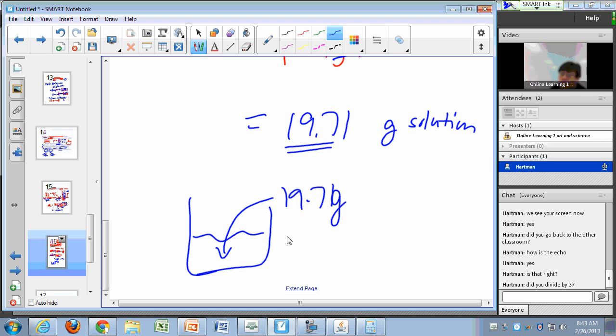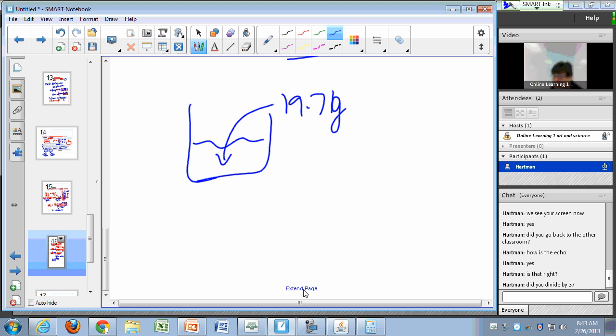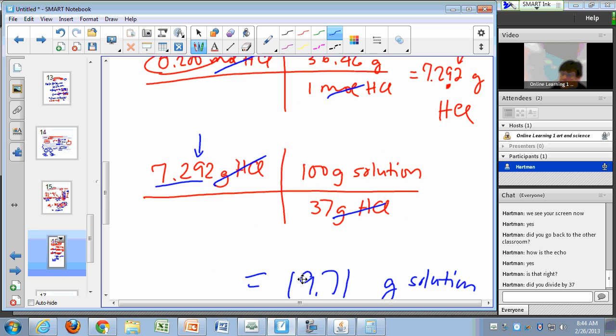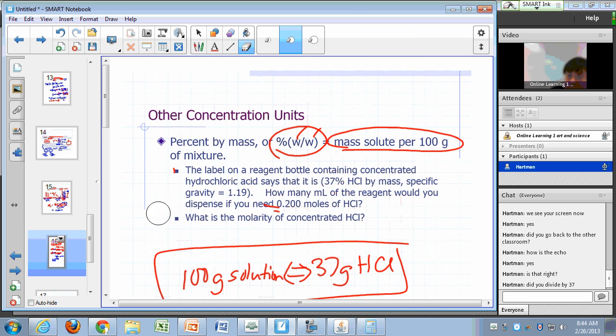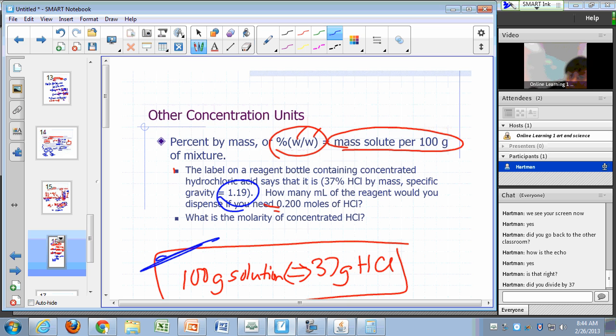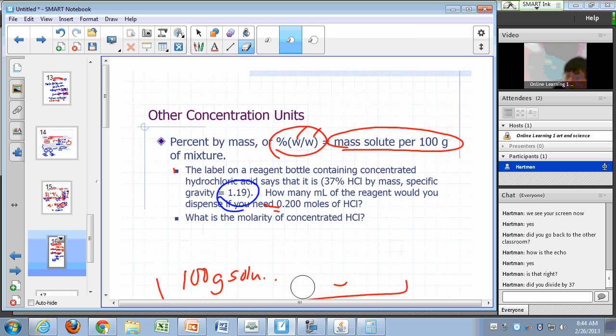Okay? So what you can do is change that to volume. So how do I change grams to volume? I need to know the density. Okay? So specific gravity: if you see specific gravity on the bottle, that is essentially the density in grams per mL.